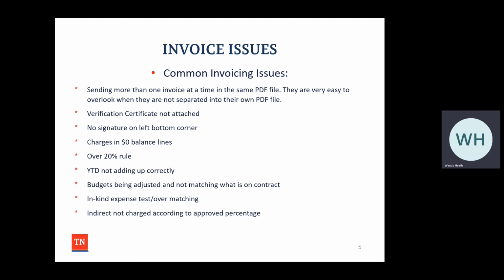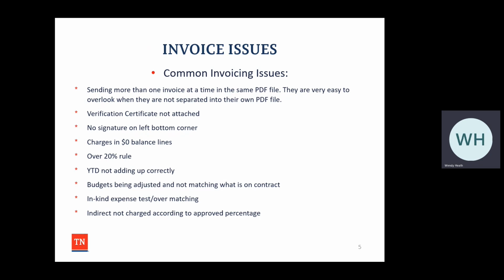There are multiple common issues that we see, and we're going to go over each one individually. But these are all of them in a bird's eye view. Sending more than one invoice at a time in the same PDF file. They're very easy to overlook when they are not separated in their own PDF.